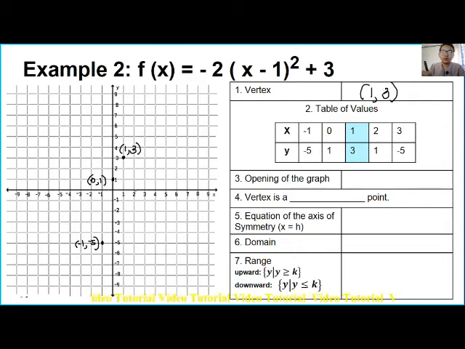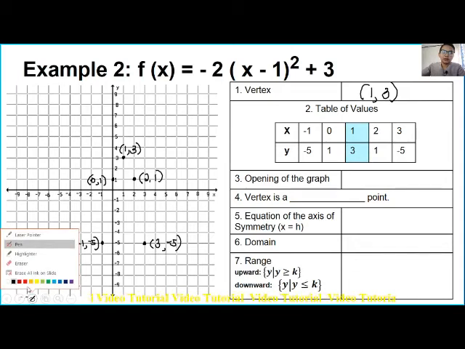Next, we have (2, 1). After that, we also have (3, -5). So don't forget the labels, (2, 1) and then (3, -5). As you can see, it is a U pattern even though we're still not connecting.